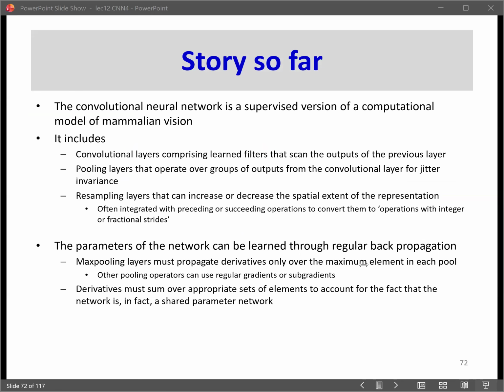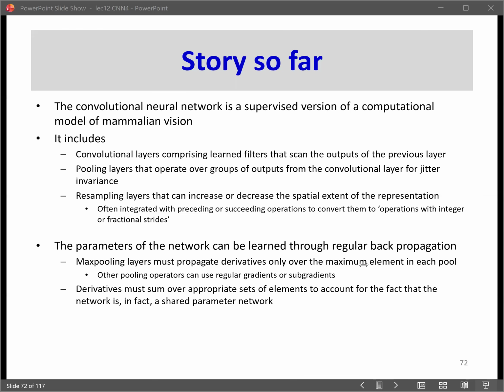And so the story so far is that the convolutional neural network is a supervised version of a computational model of mammalian vision. It includes convolutional layers comprising learned filters that scan the outputs of the previous layer, pooling layers that operate over groups of outputs from the convolution layer for jitter invariance, and resampling layers that can increase or decrease the spatial extent of the representation. These are often integrated with preceding or succeeding operations to convert them to operations with integer or fractional strides.